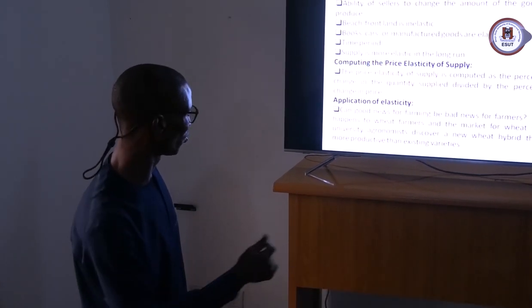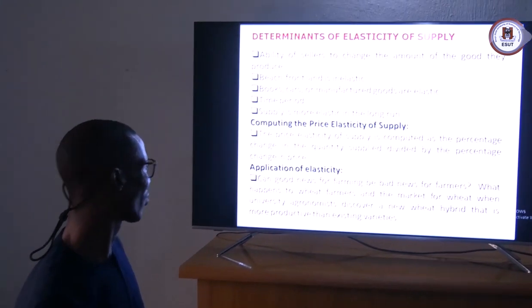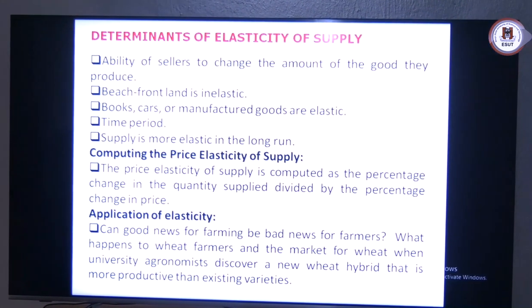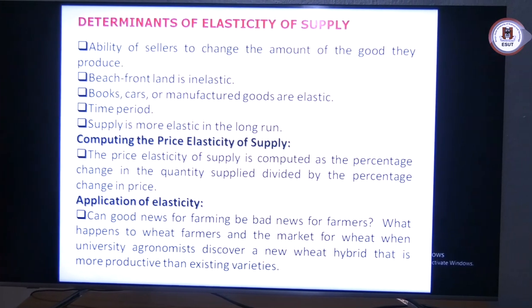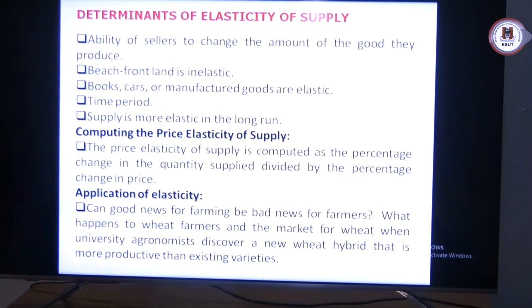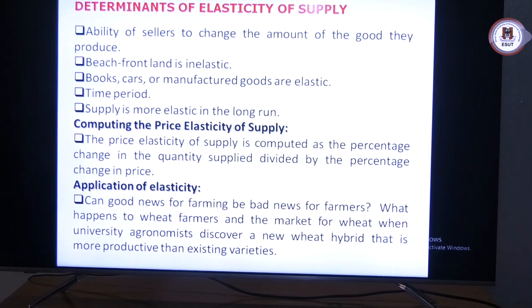So let's go to another level. Determinant of this, we have the ability of sellers to change the amount of goods they produce. Let's go down to application of elasticity in economics.